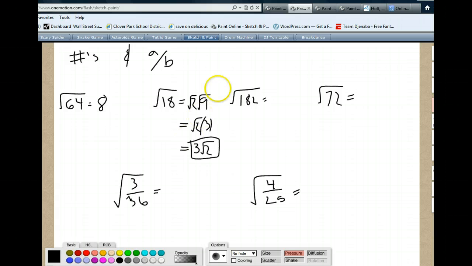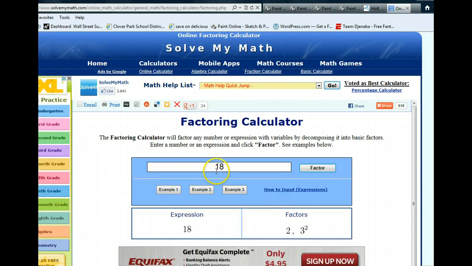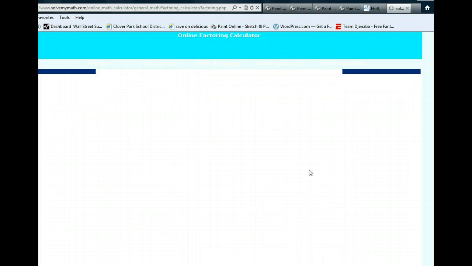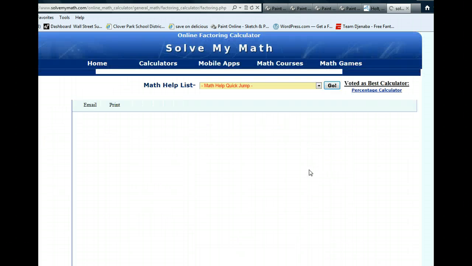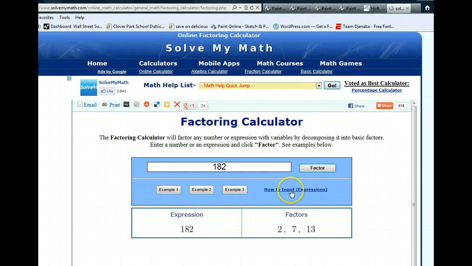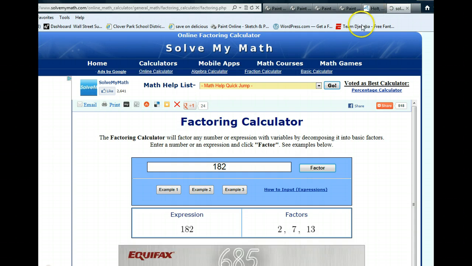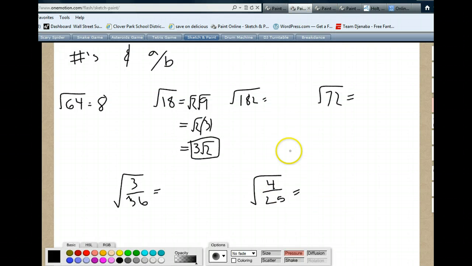Okay, so with my square root of 182, go back over to my factor calculator. Here I have 2, 7, and 13. I notice that there are no squares, so that makes life easier for me.